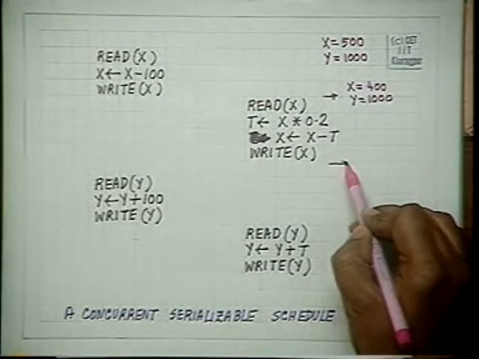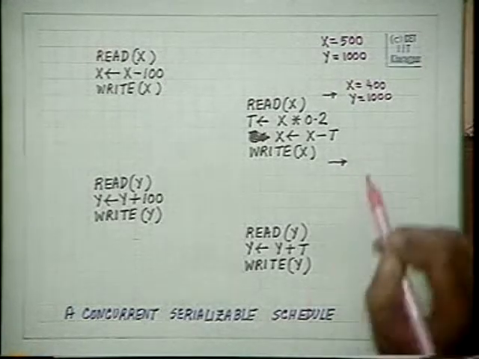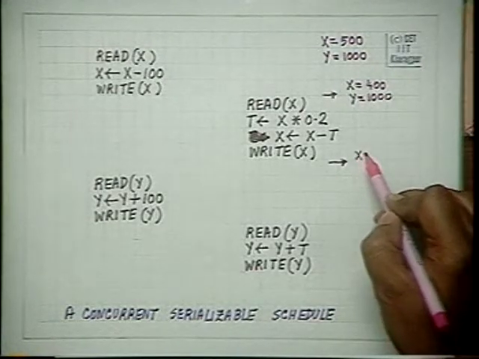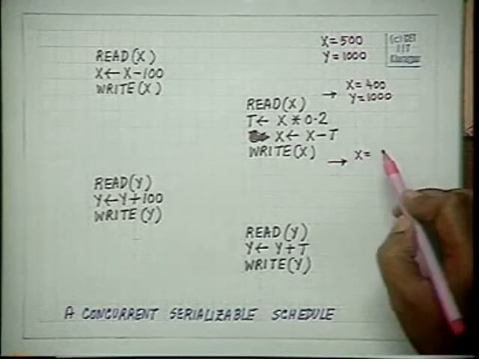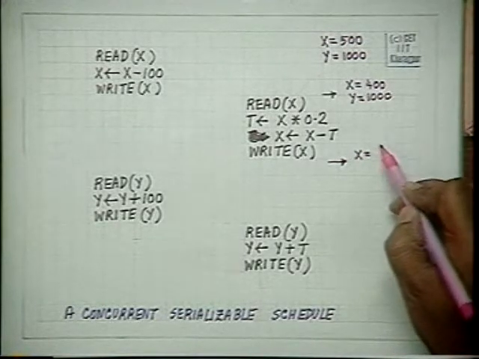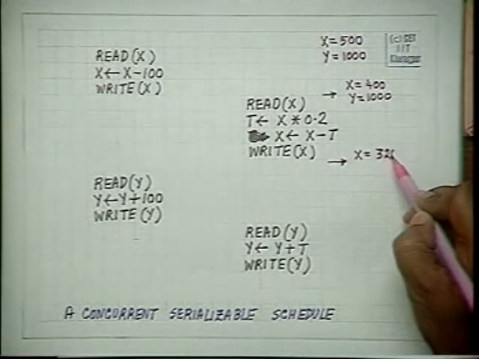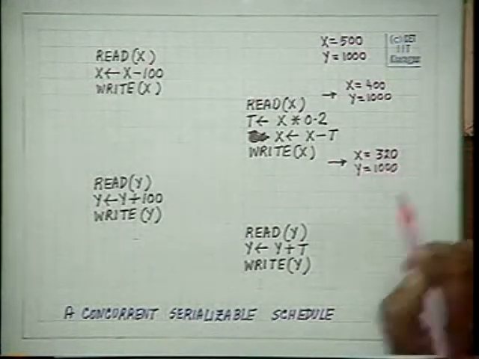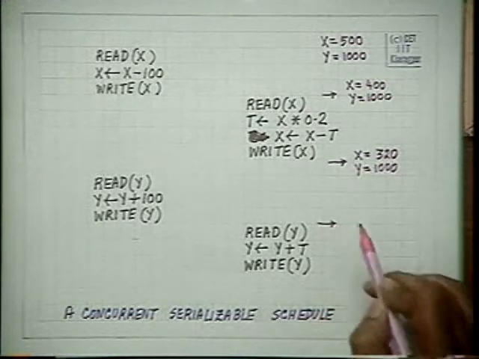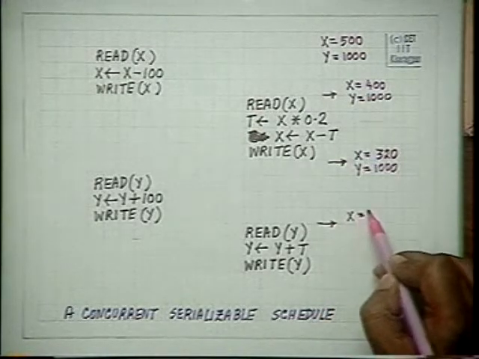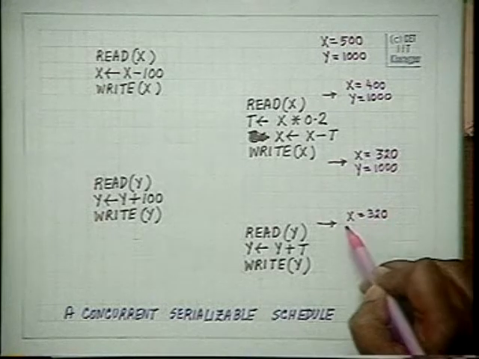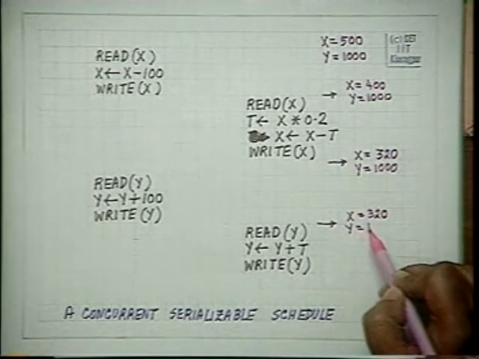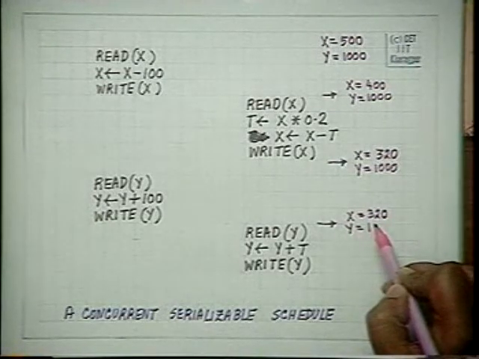At this particular point of time, x will be 400 minus 80, 320, and y will be 1000. At this particular point of time, x will be 320 and y will be 1100.